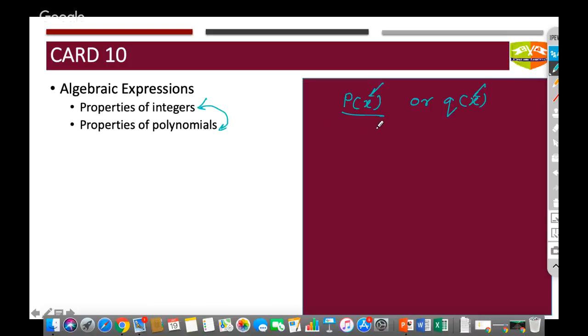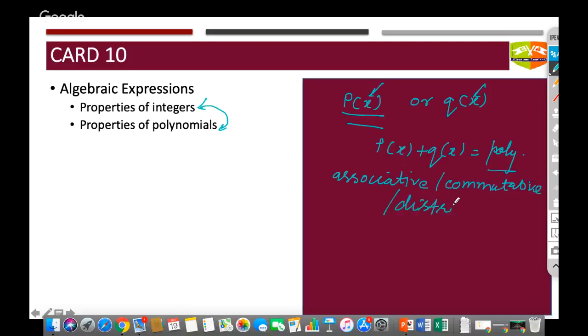I told you that the sum of two integers is always an integer. Here I'm saying that the sum of two or more polynomials will always be a polynomial. So here also the associative law of addition and multiplication, commutative law, distributive law, all the laws that we have discussed will hold true for polynomials also.